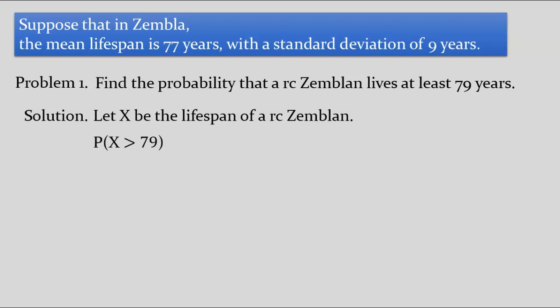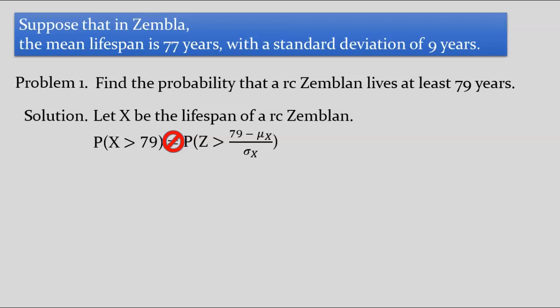It's very tempting here to think, I know what to do with this. We just standardize x and write that this is the probability that z is greater than 79 minus the mean of x divided by the standard deviation of x, and so on and so forth. Right? Wrong. We cannot relate x to its z skeleton because we have no idea if x even has a z skeleton.